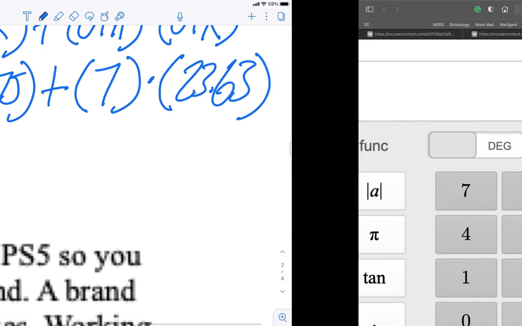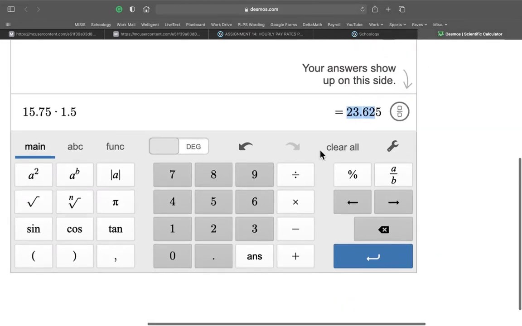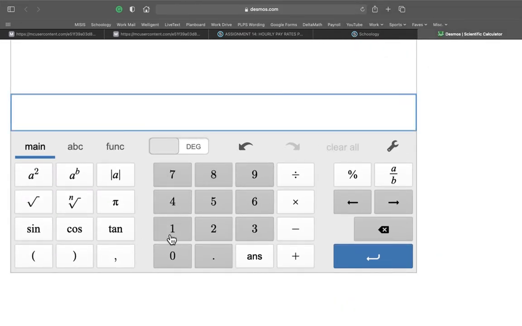I'm going to put 40 times 15.75 in parentheses, plus parentheses 7 times 23.63 close parentheses.